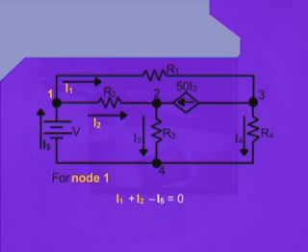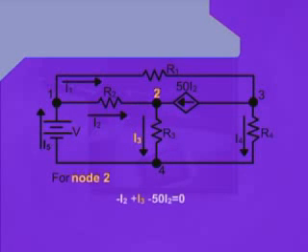And finally, we can see that the current IS is approaching the node 1. Therefore, we put a negative sign next to that and we equate this expression to 0, and that is the equation for node 1.